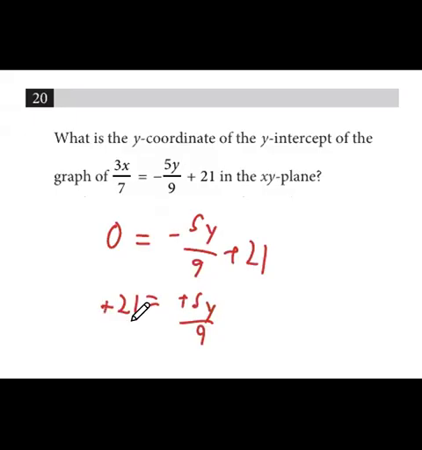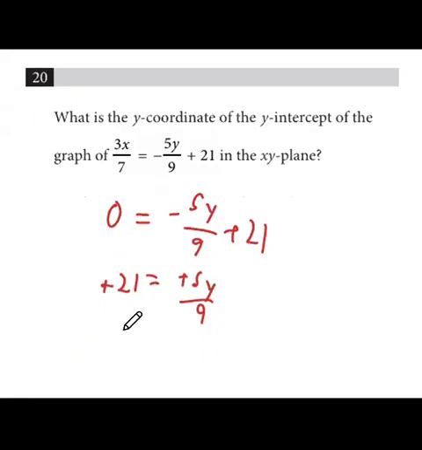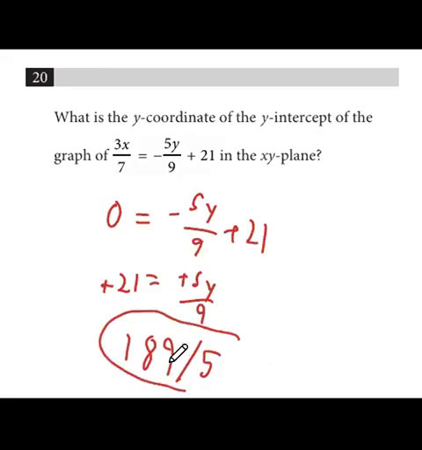Since we have negative on both sides, we just multiply both sides by negative 1 to get both positive. Multiply both sides by 9 and then divide by 5. So multiplying both sides by 9, you get 189. And then we divide both sides by 5, which cannot be simplified. So this is our final answer, 189 over 5.